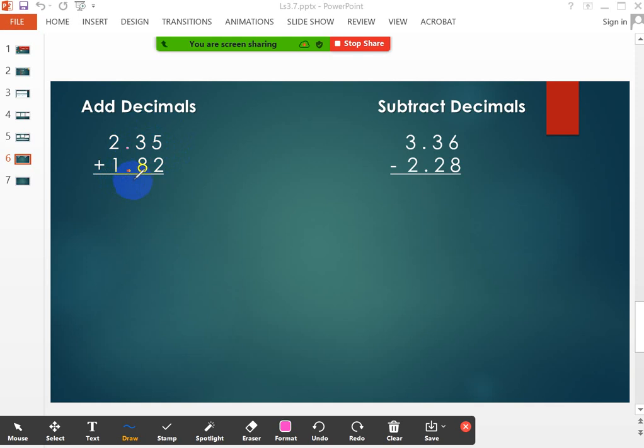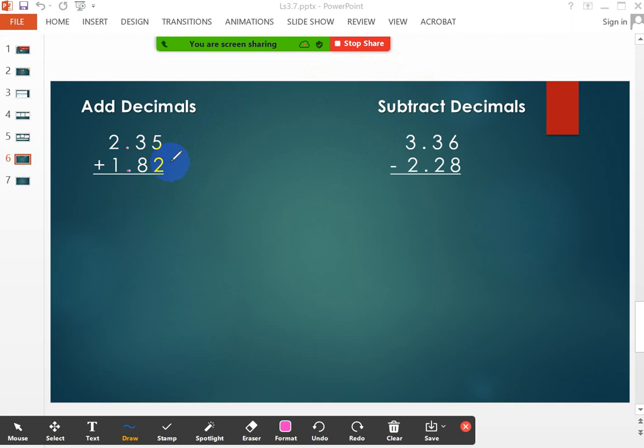Then I will add the numbers as we learned. So here I will find the exact answer, not the estimate. In the lesson that we just finished, I had to estimate the answer.